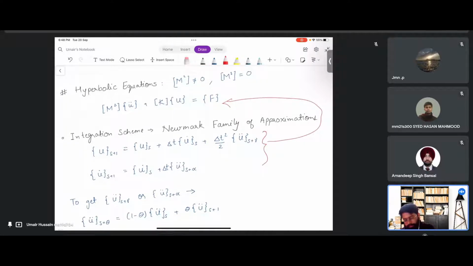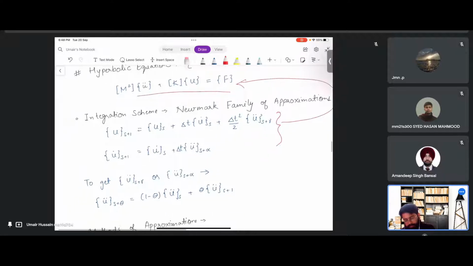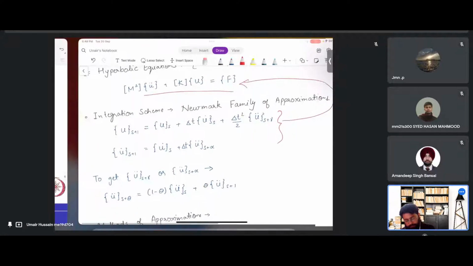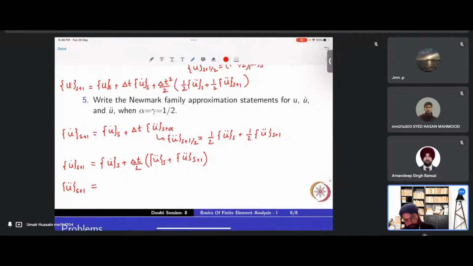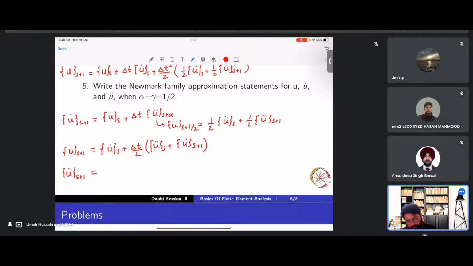So I'll just use this statement here. We have m times u double dot plus k times u s plus 1 equals f of s plus 1.